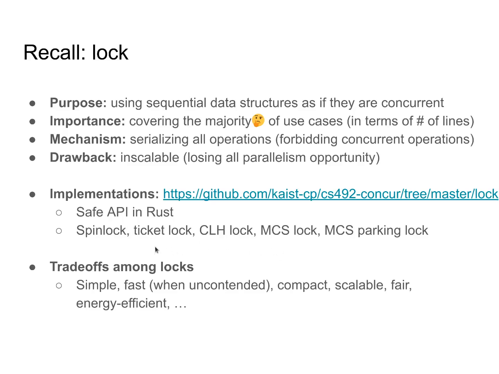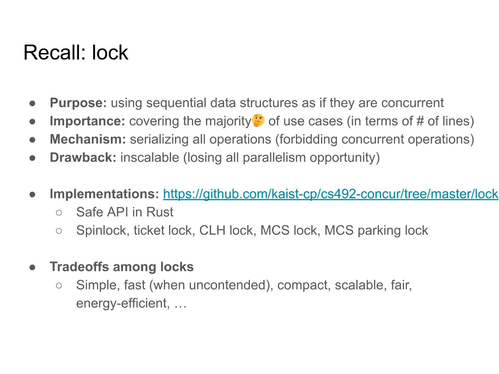For example, SpinLock is the most simple lock implementation, and it is quite fast when uncontended, but it is unscalable, it is not fair, and it is usually energy inefficient, etc. So you need to choose the right lock for the right workload. That is basically the reason: there is a fundamental trade-off between multiple lock implementations.